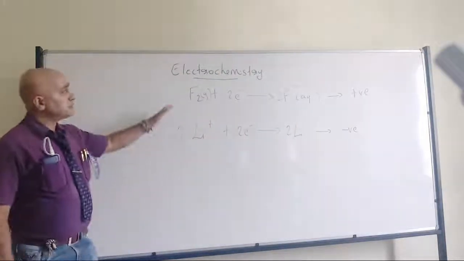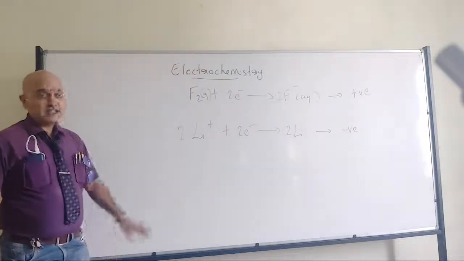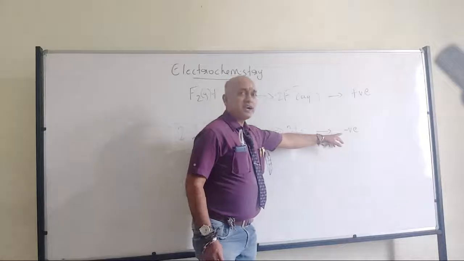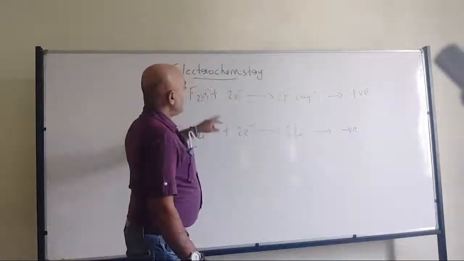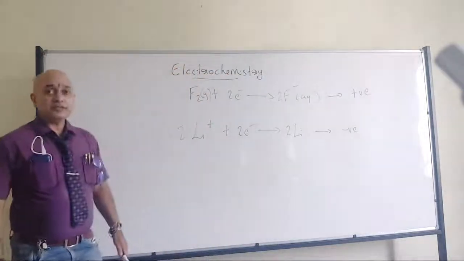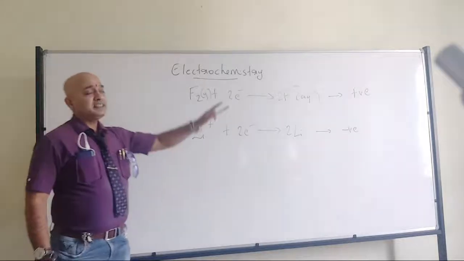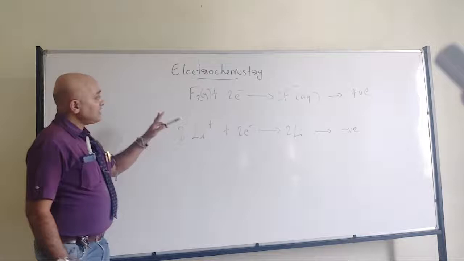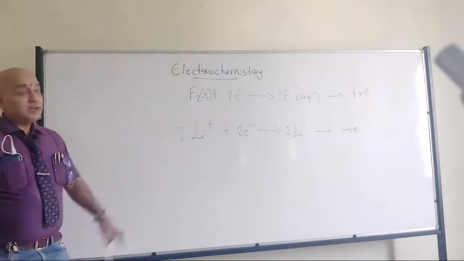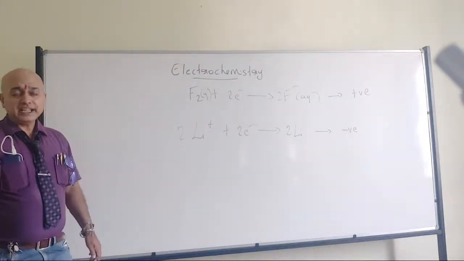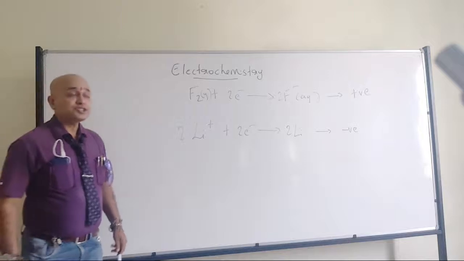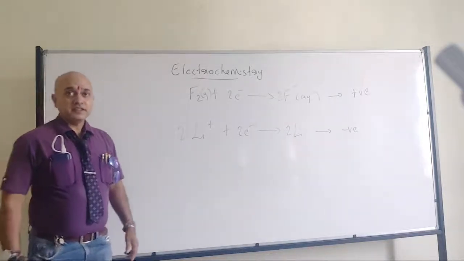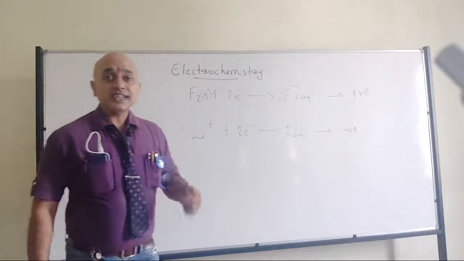There you can observe that lithium plus accepting an electron has the highest negative value, and fluorine gas accepting 2 electrons and becoming fluoride has the highest positive value. Now by knowing these values, I can give a statement.